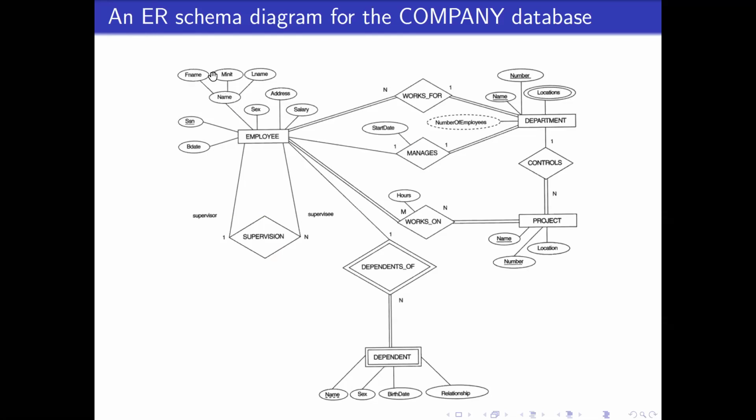And here we have a composite name, with several values, and this is a derived attribute. And here we have a dashed line, which is called a partial key attribute. So I hope now you have some understanding of how to use this.